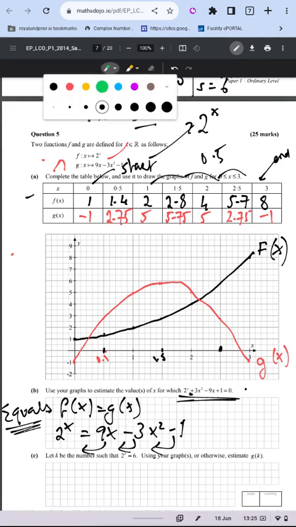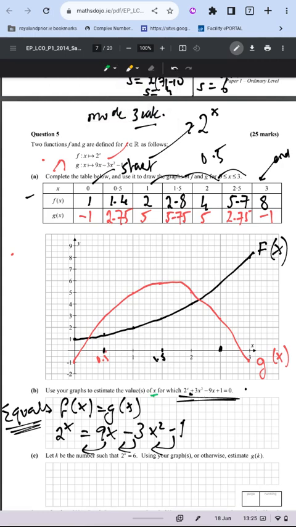Now if I look at my graph, the two places they're equal, the values of x are here and here. Draw that down a straight line. And when I do that, roughly, it's 0.1, 0.2, 0.25, say. It is rough.